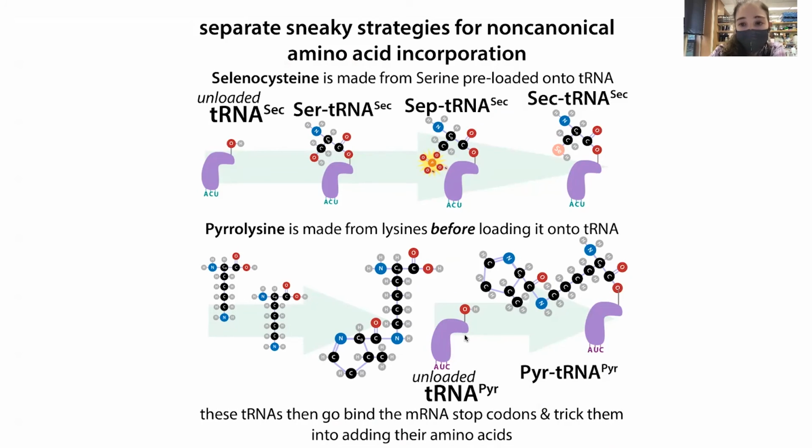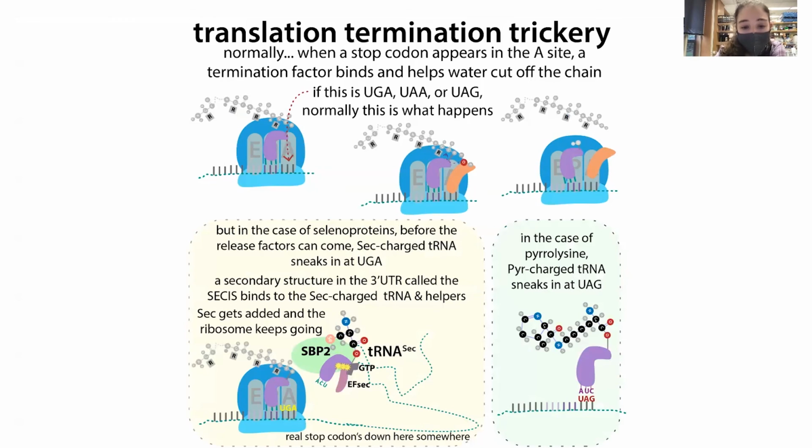So going back to comparing pyrrolysine to selenocysteine: selenocysteine uses a codon that's almost all of the time used as a stop codon, so it has to be tricky. It has to use special tricks, like having other factors help it and having this element in the RNA.